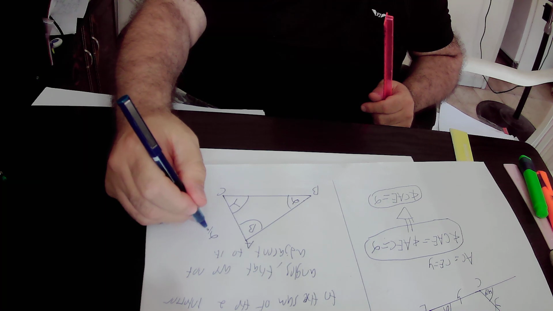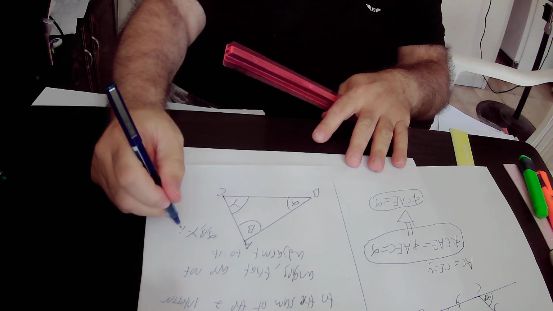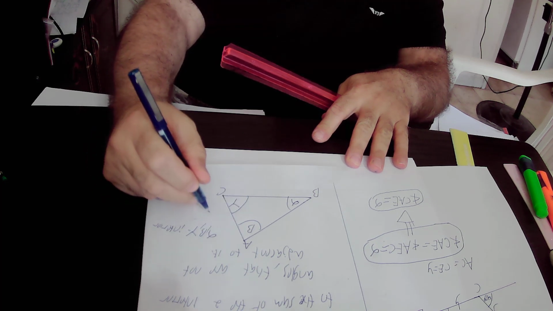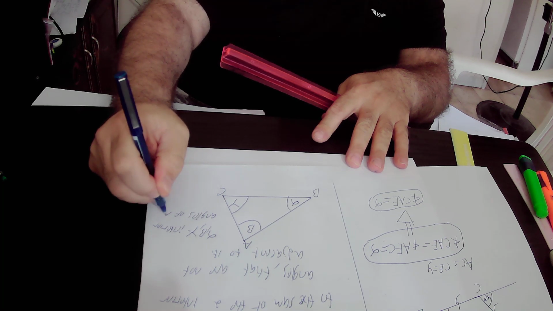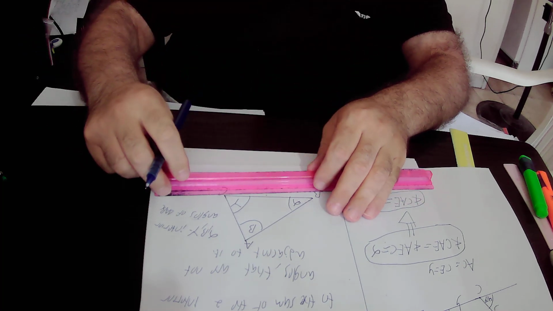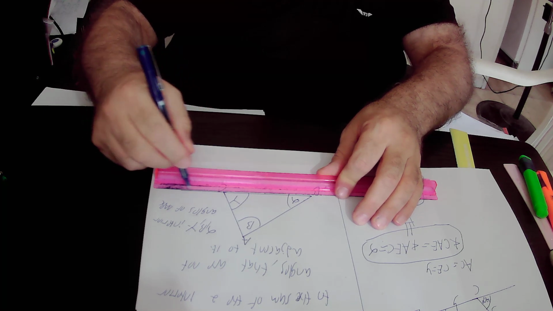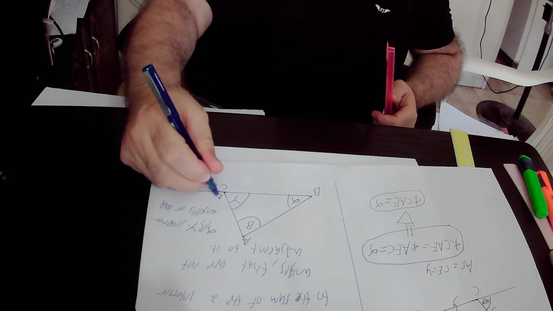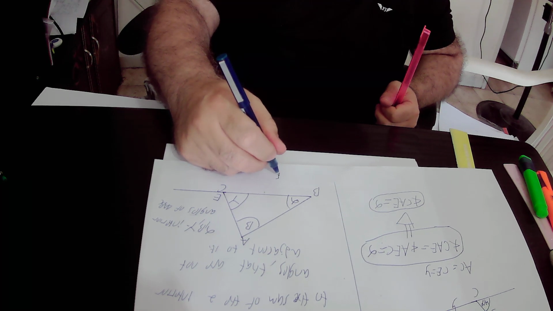Alpha, beta, and gamma are defined as interior angles of triangle ABC. And this angle that I will call angle E is defined as an exterior angle.